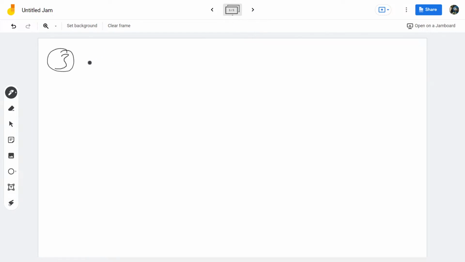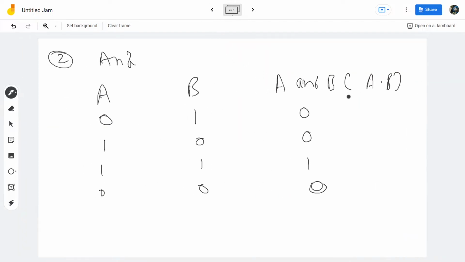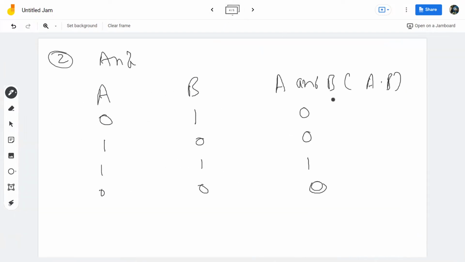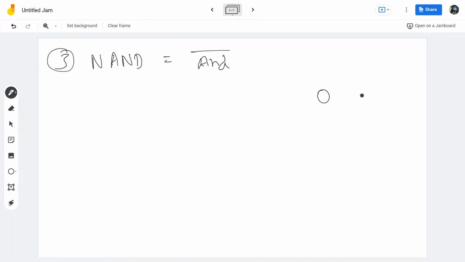Let's see the third type, that is NAND. So NAND is nothing but the complement of AND. Let's see this slide. The complement of any digit, like 0, is 1 and the complement of 1 is again 0.